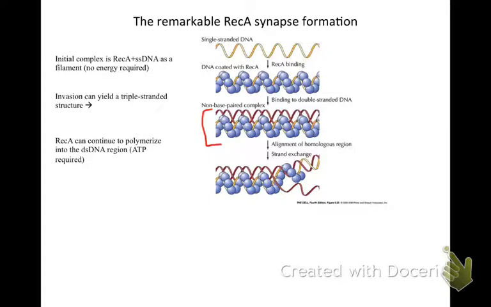And then you get basically swapping of one strand of DNA for another, and that's shown here. You can see that there's a yellow and a red strand, and we are now displacing one of the strands of DNA. So again, we're generating some genetic diversity when we do this.